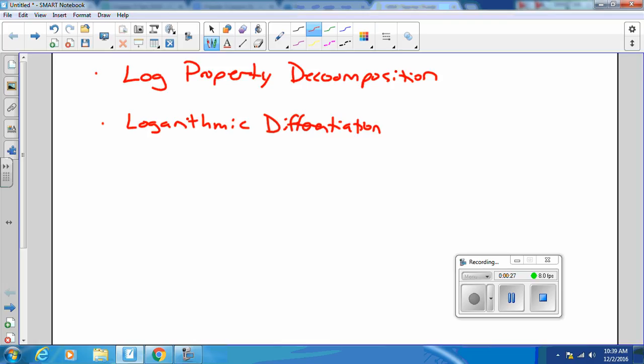The first is old news. It's stuff that you have already known how to do, but we're putting a new name to it. The second is going to be an application of that so that we can get derivatives of functions that have variable exponents or that are complicated products of functions. So let's get to it.